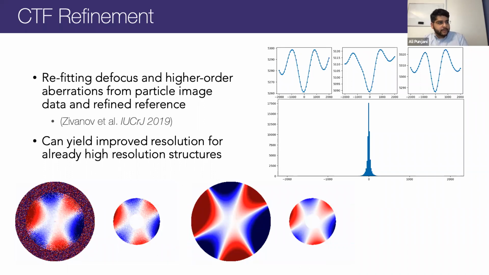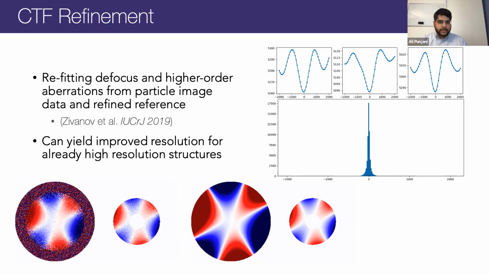Doing the CTF refinement itself involves looking at all the particles, comparing them once again to the reference structures that we have got so far in the refinement, and computing what would be an optimal set of parameters for each type of higher order aberration to correct the presence of those aberrations that we see in the reconstructed result.